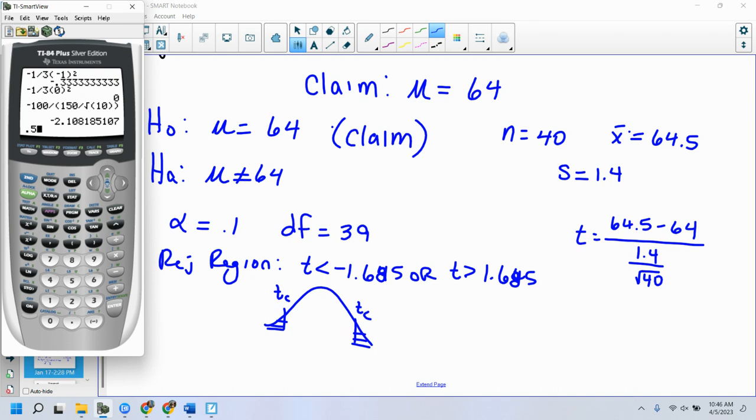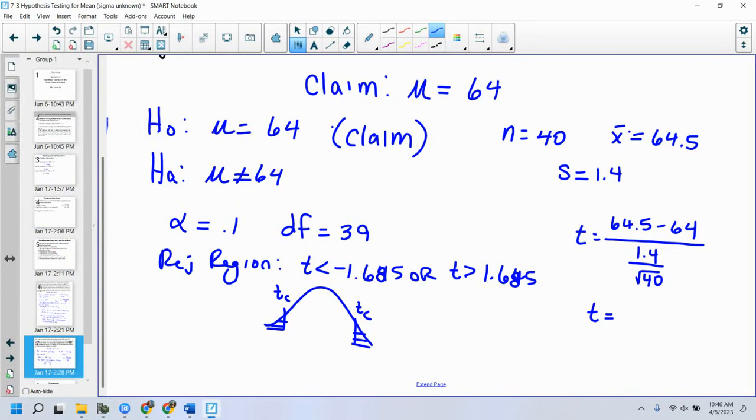Now, right away, because our difference from mu to x bar is positive, the only chance of me rejecting my null is going to happen on the positive side rather than the negative side, right? Because this is a positive number, that's the only chance I've got. Let's see if it comes to pass. Divided by 1.4 divided by the square root of 40. Let's see where we're at.